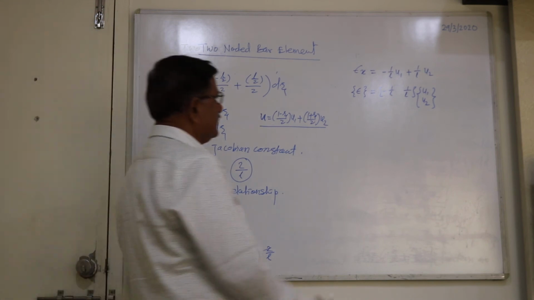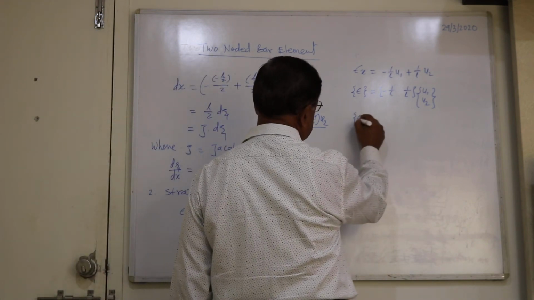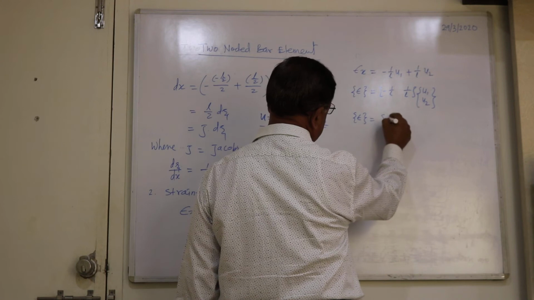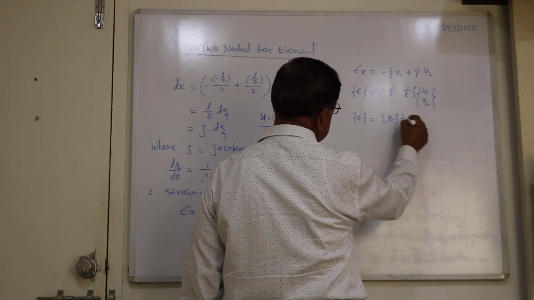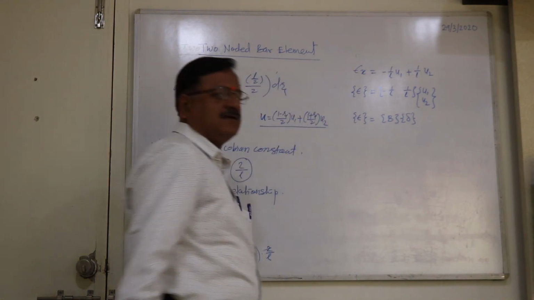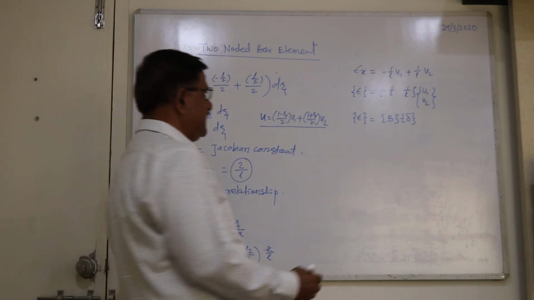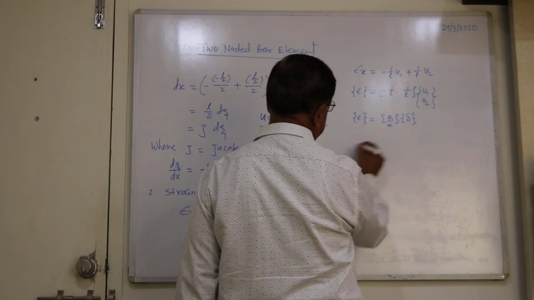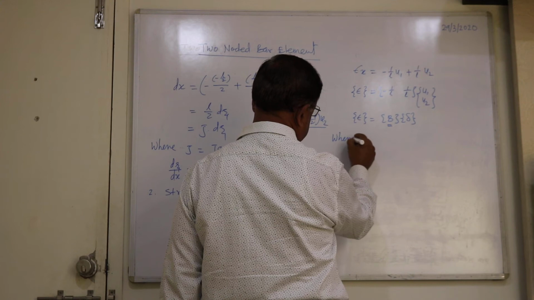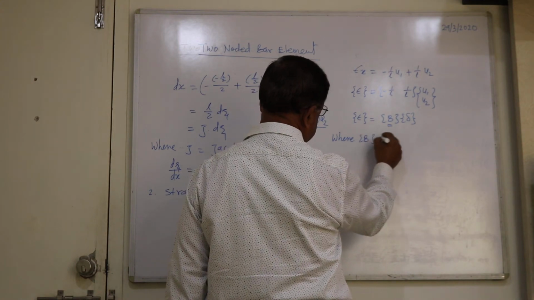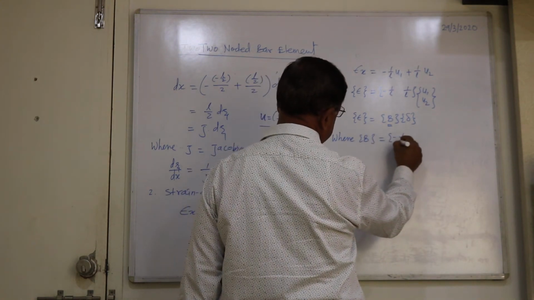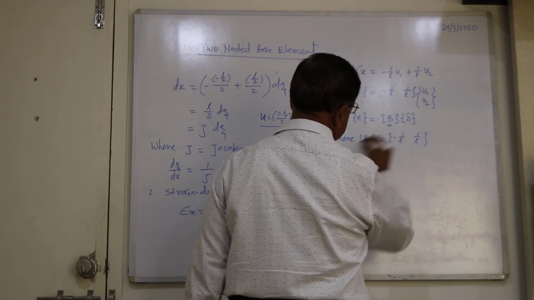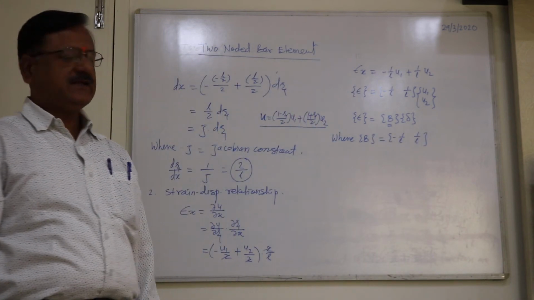So in symbolic form, we have strain equal to matrix B into delta. What is B? B is called the strain displacement matrix: minus 1 by L and 1 by L.